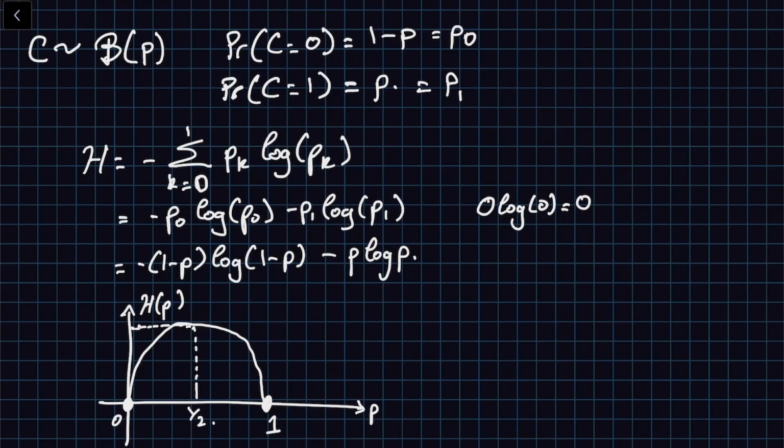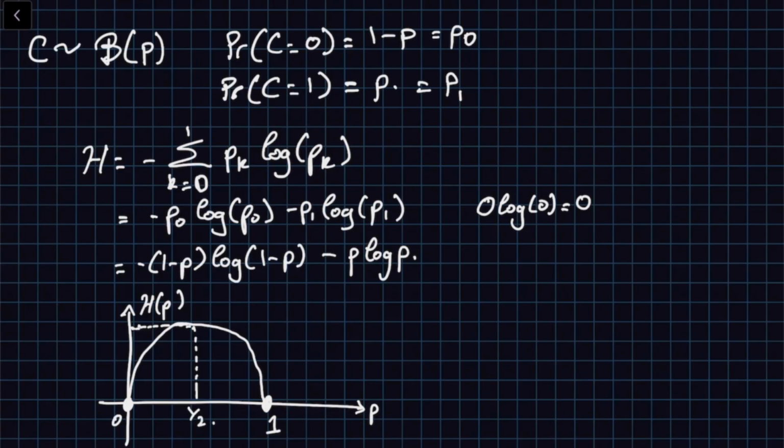Because when p is 0, then you're sure every time you flip the coin, you're going to get a 0. And when p is 1, when you flip the coin, you're going to get a 1. 0 is heads, 1 is tails, or vice versa. It doesn't matter. And you start getting more uncertainty when the coin is fair, that is, when p is half, when your outcomes are equiprobable.